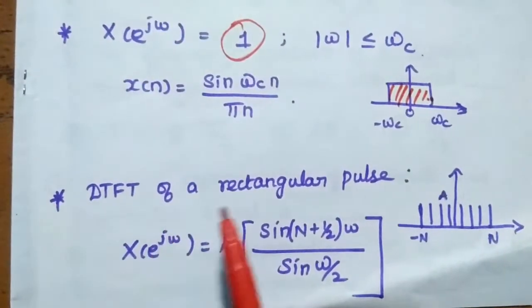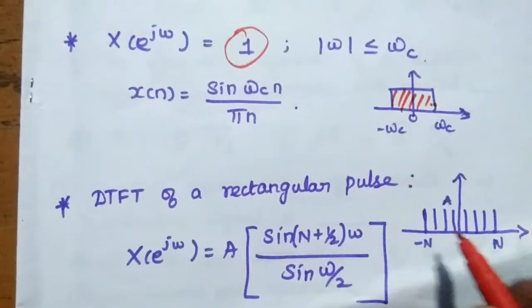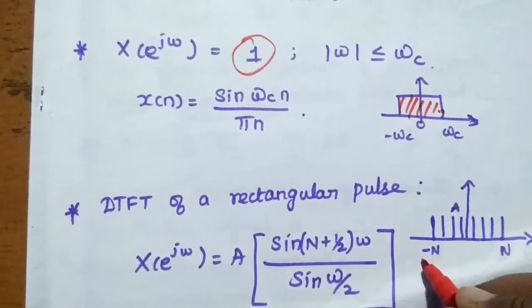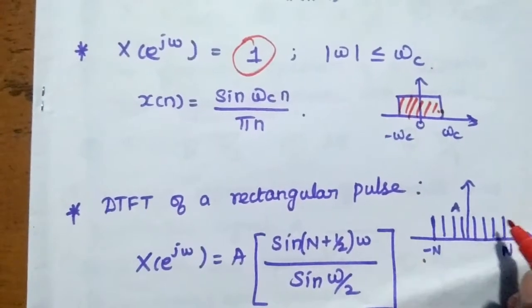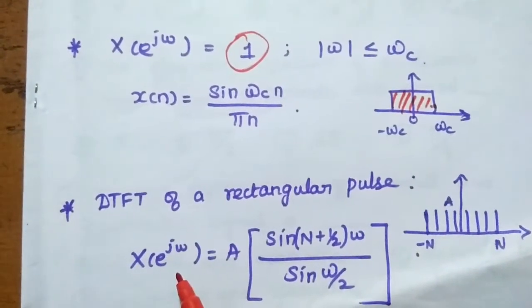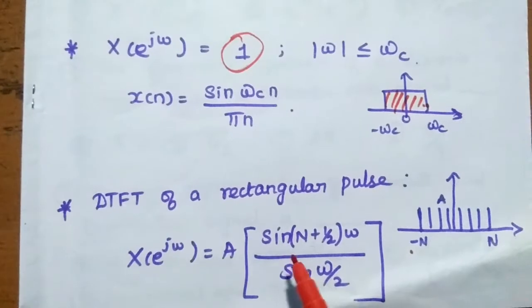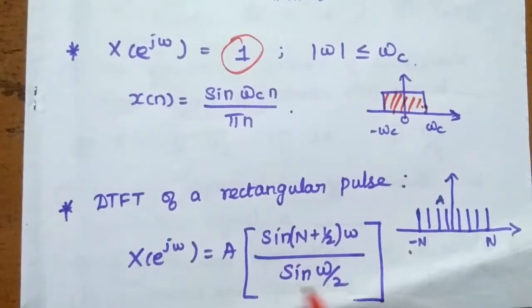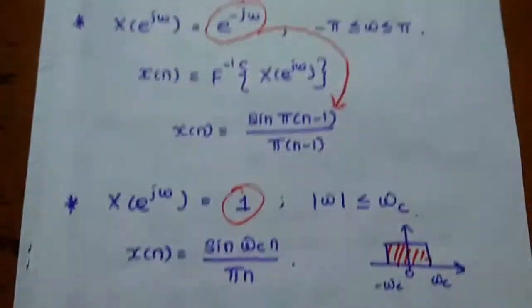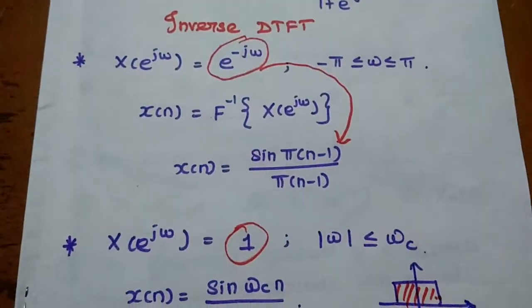Likewise, the DTFT of a rectangular pulse. This is the rectangular pulse in discrete time, from minus n to plus n it has the value a, the amplitude is a. Its transformed value is a into sine of (n plus 1 by 2) omega divided by sine of omega by 2. So these are the important formulas to be used in multiple-choice questions.